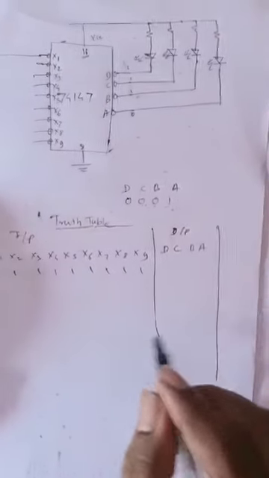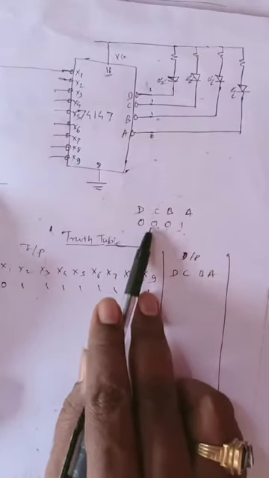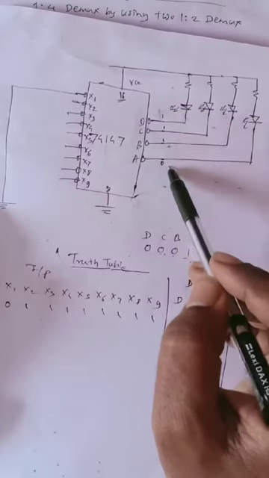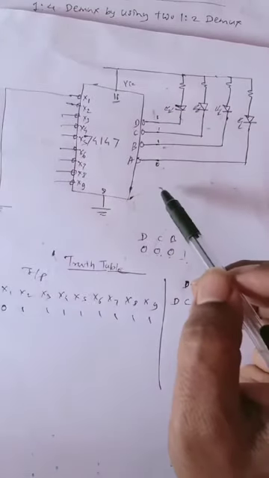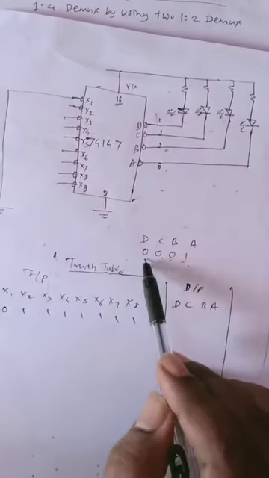Then you want 0001, equivalent to 1, but in this case you will get 1, 1, 1 and 0. Why? Because these are active low outputs, in place of 0 you will get 1.